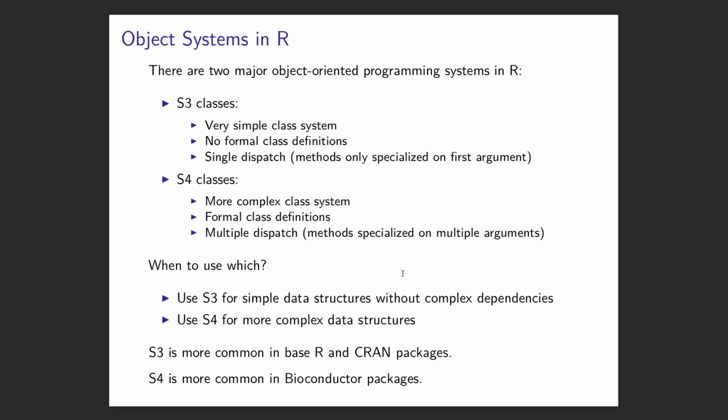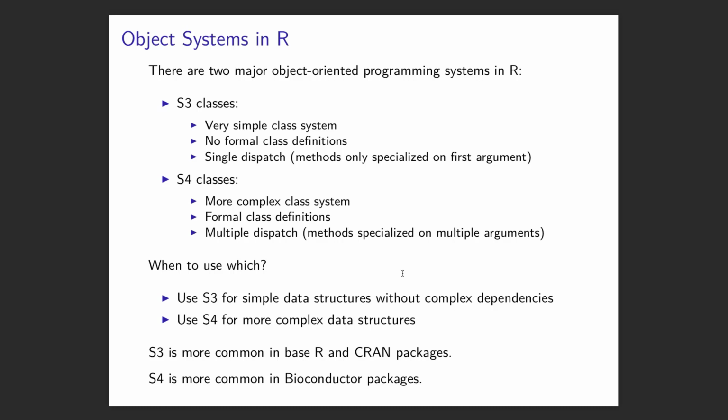S4 is for more complex data structures, so lots of the experimental representations on Bioconductor use S4 because we have very formal ideas on what biological data should look like, what valid data and what valid experiments look like, what those requirements should be, so we use S4 to reflect those ideas. In general, S3 is more common in base R and in CRAN packages.